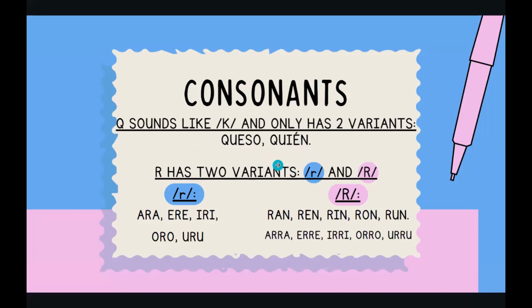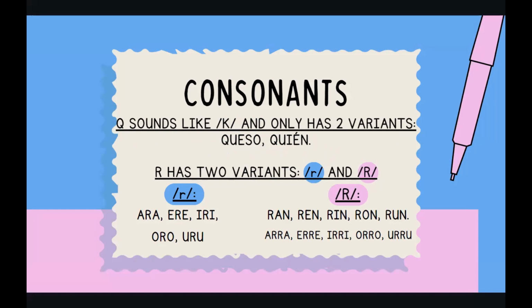Therefore, in this case, you also need to remember that the U is silent. The letter U in this case is completely silent. Silent, yeah. And you should ignore it, okay? Just remember that letter Q sounds like K, and it only has two variants, Q-U-E and Q-U-I, que and ki, all right?